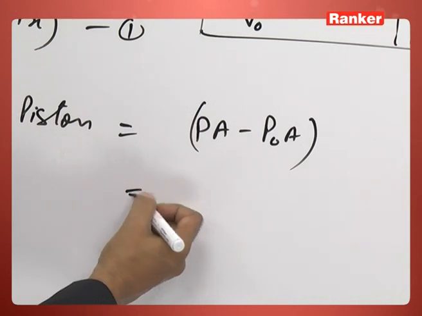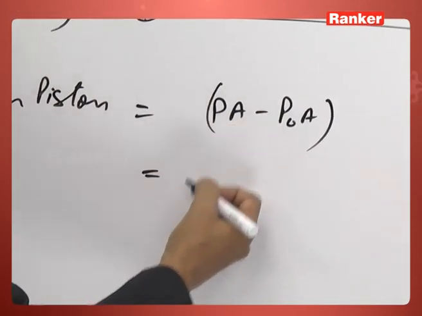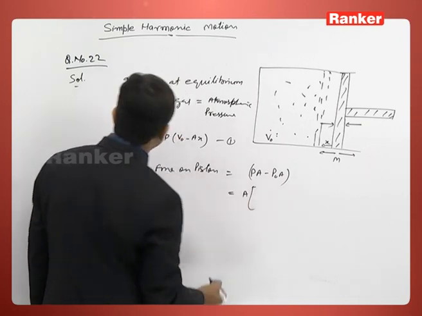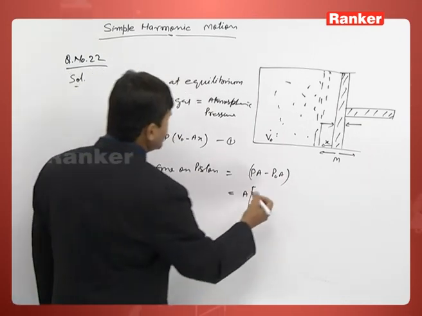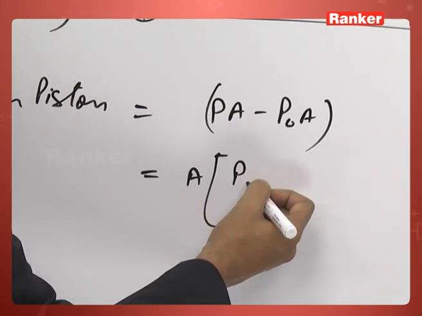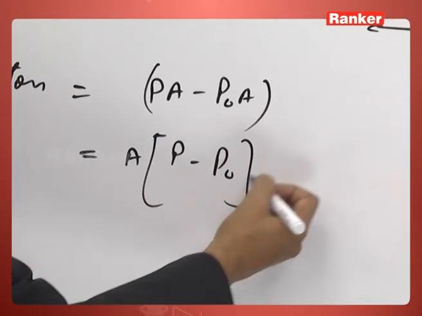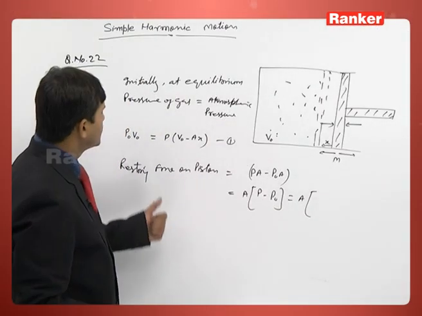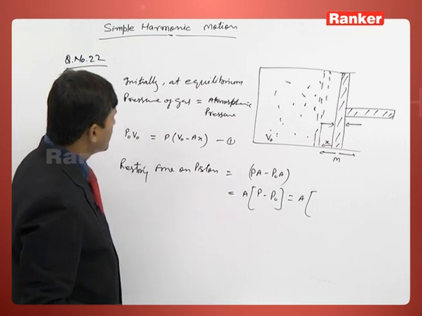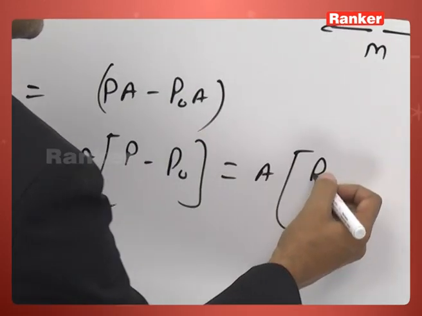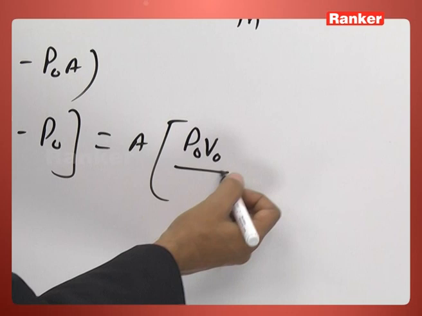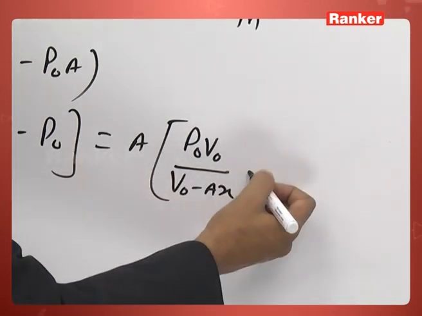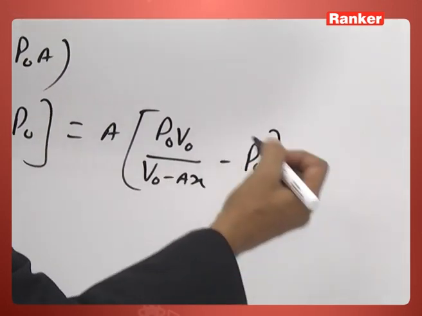So now the value of P we can write: A into (P minus P naught), and the value of P is P naught V naught by (V naught minus AX), minus P naught.